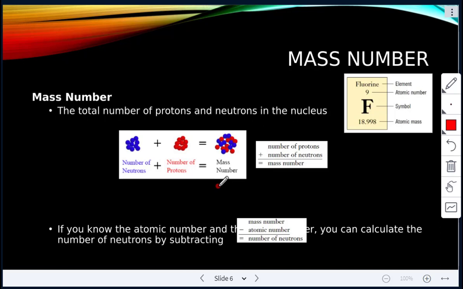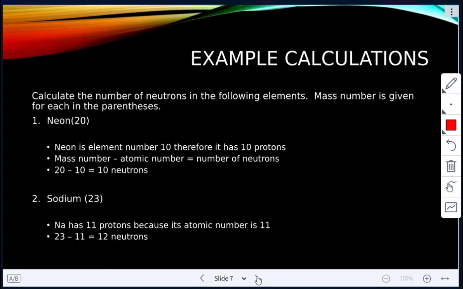So if you know the atomic number and the mass number, you can calculate the number of neutrons by subtracting the two. To calculate neutrons, we subtract the mass number minus the atomic number. That will give us our number of neutrons.